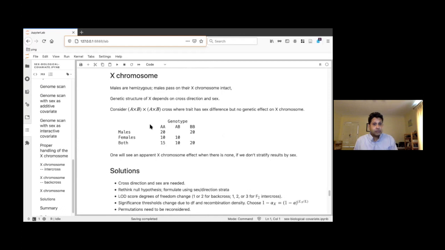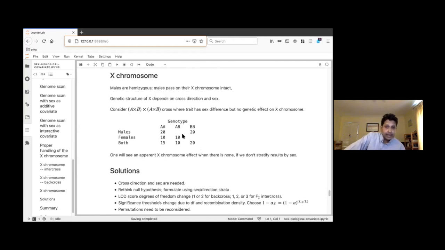So if you ignore sex and aggregate the phenotype, you will have phenotypes roughly 15 for AA, 10 for AB, and 20 for BB. In other words, you will see an apparent effect of the genotype at this locus on the QTL, when in fact there isn't any difference when you stratify by sex.